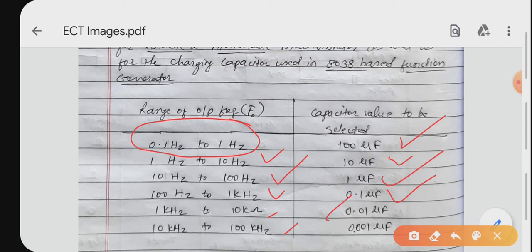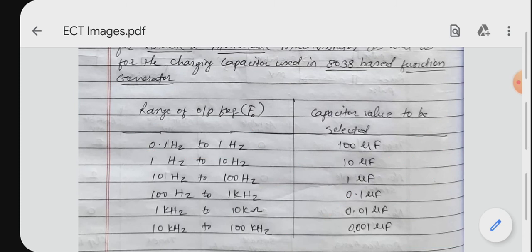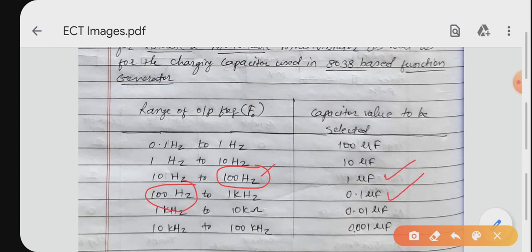So one value is common here. Within each row you can see, for example, 100 Hz is here also and 100 Hz is here also. So you can select 1 microfarad as well as 0.1 microfarad, both values are correct. Similarly, you can see 1 kilohertz is here also and 1 kilohertz is here also. So both values can be selected, 0.1 microfarad or 0.01 microfarad, both are correct.